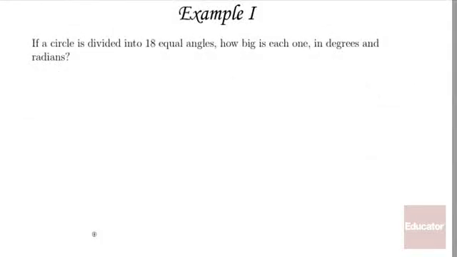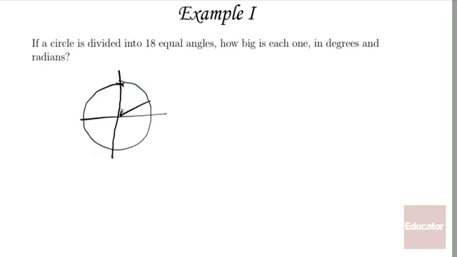So here's our first example. If a circle is divided into 18 equal angles, how big is each one in degrees and radians? Let me try drawing this. We've got this circle, and it's divided into a whole bunch of little angles, but each one is the same, and we want to figure out how big each one is in terms of degrees and radians.